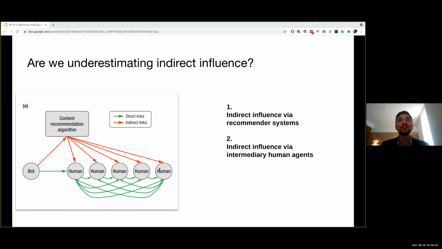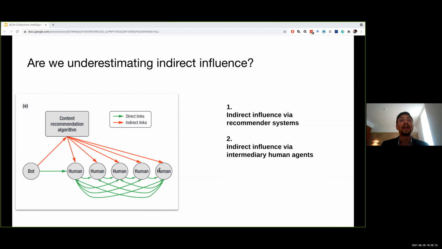However, we noticed that a bot's capacity to influence humans via direct interactions is really limited by the number of people who directly engage with the bot. But as a bot, you have a much greater capacity to influence people if you influence the recommender system that curates people's content.